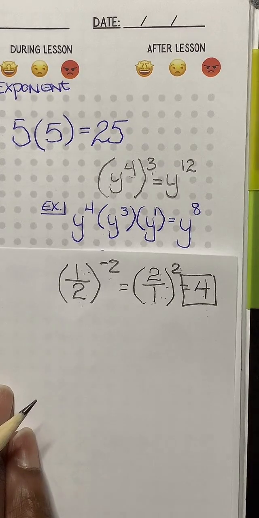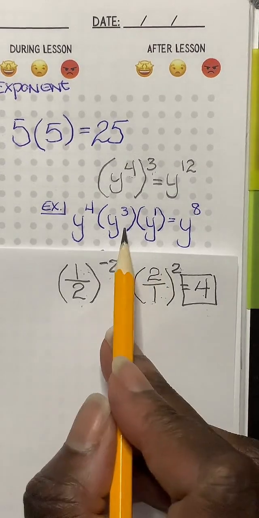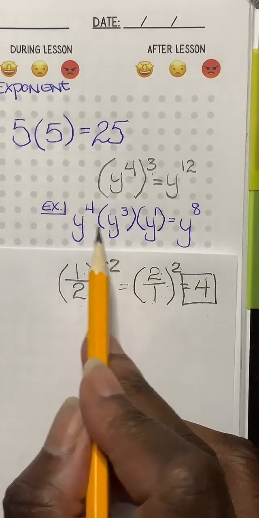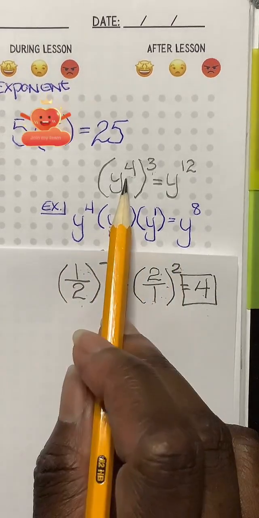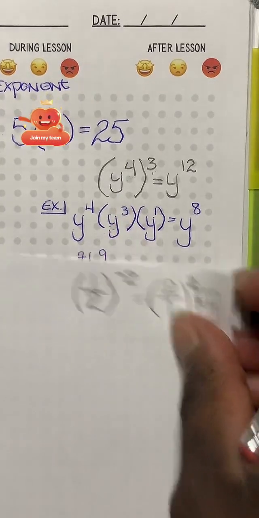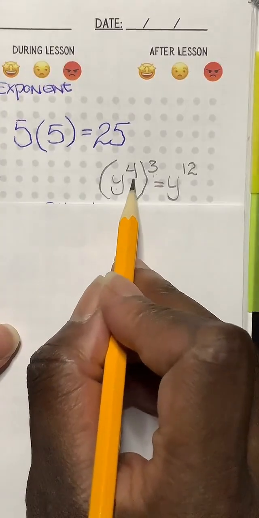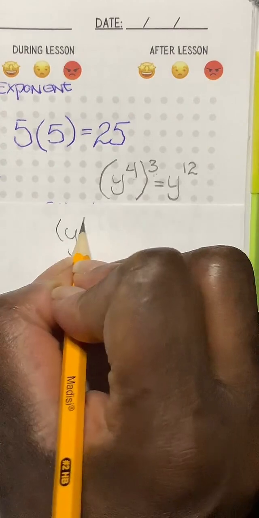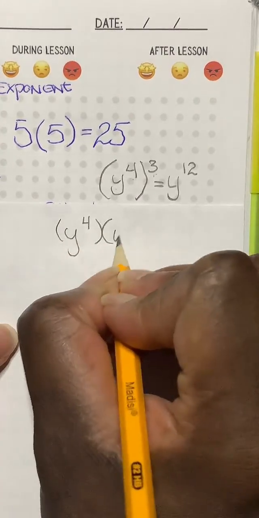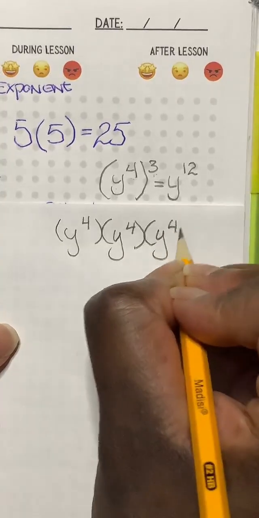The exponent on the outside of the parentheses means how many times you are raising that base. So let me switch it up this way. If I said y to the 4th raised to the 3rd power, that means I'm doing y to the 4th multiplied by y to the 4th multiplied by y to the 4th.